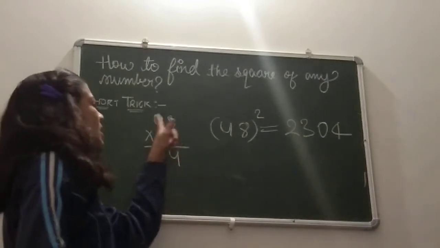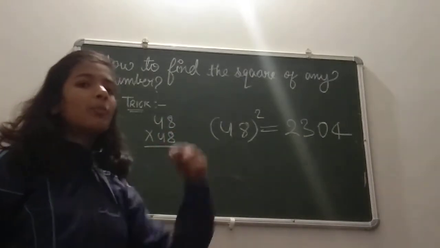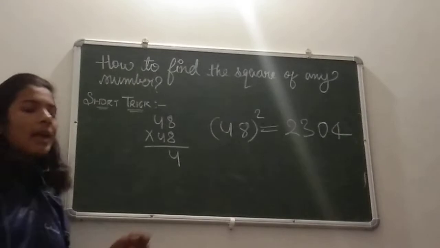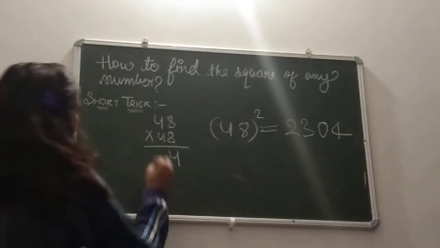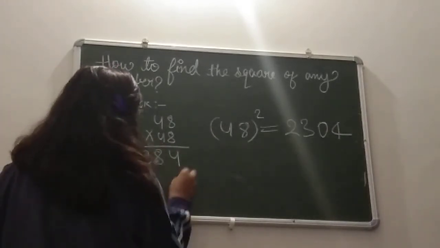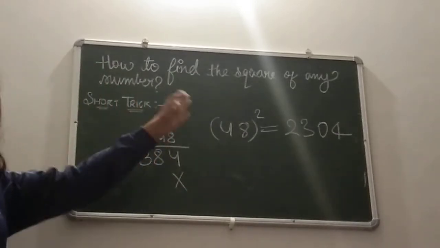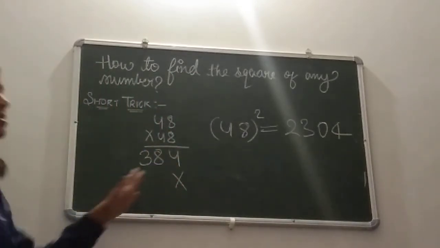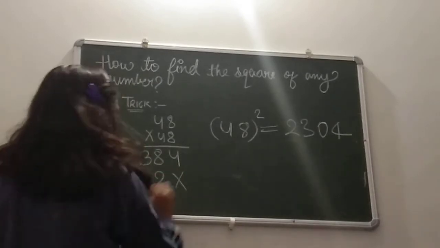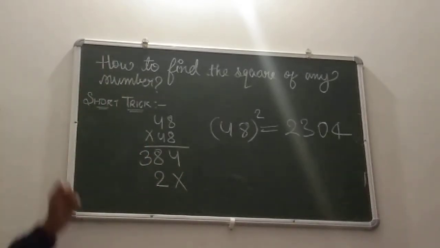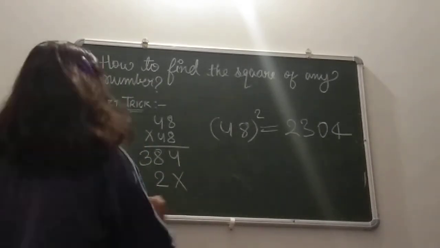Then 8 multiply 4 is 32, 32 plus 6 is 38. Next is 8 multiply 4 which is 32, so 2 here and 3 in carry. 4 multiply 4 is 16, 17, 18, 19.